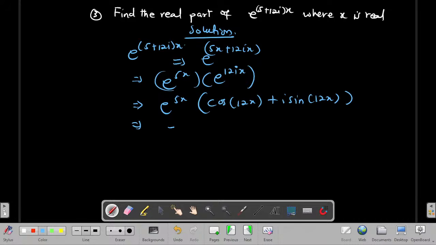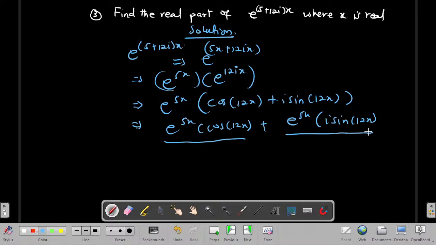Simplifying this, you have e to the power 5x multiplying cosine of 12x, plus e to the power 5x multiplying i sine of 12x. At this point, it's clear that this is the real part and this is the imaginary part. So this is our answer. Therefore, our answer is simply equal to e to the power 5x cosine of 12x, like this.